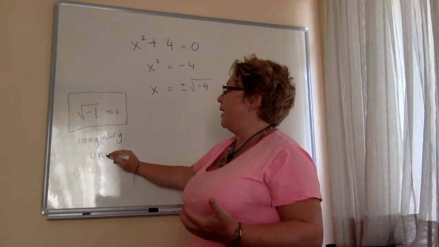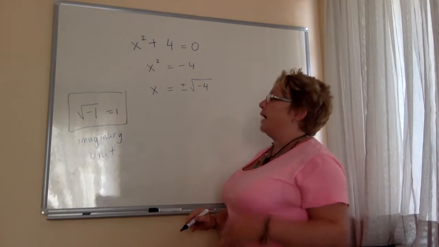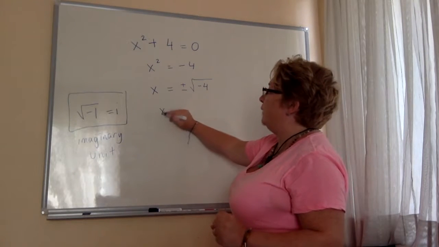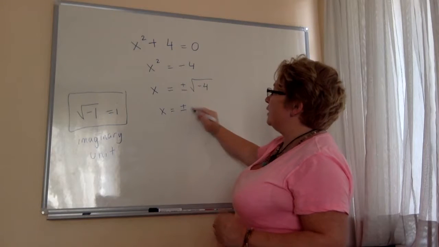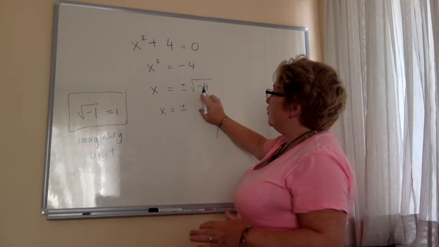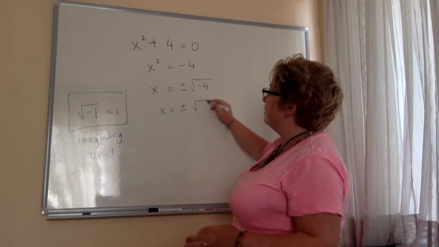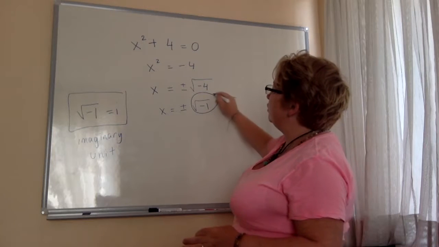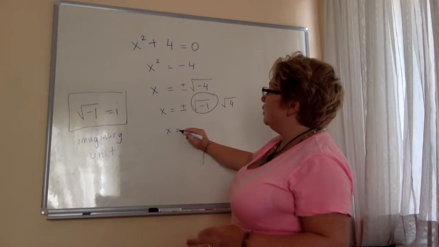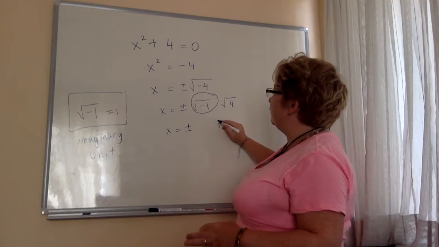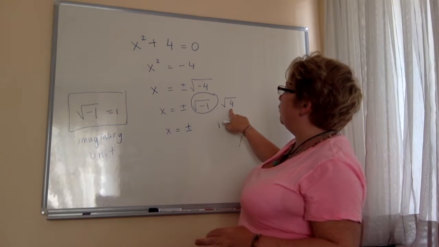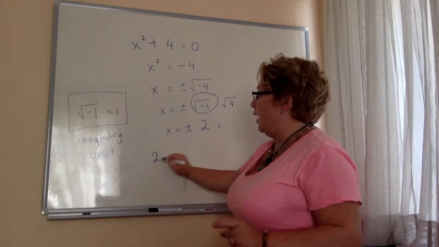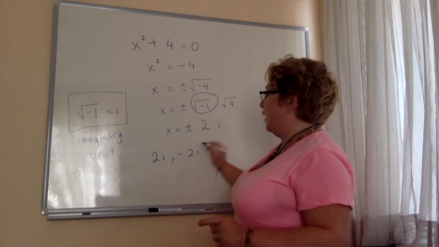And once I have the imaginary unit defined as i equal to the square root of negative 1, then I can factor this minus 4 as minus 1 times 4. I'm going to call the square root of minus 1 i, so I'm going to have an i out front, and I have the square root of 4, and I know that's 2. So my solutions are 2i and minus 2i.